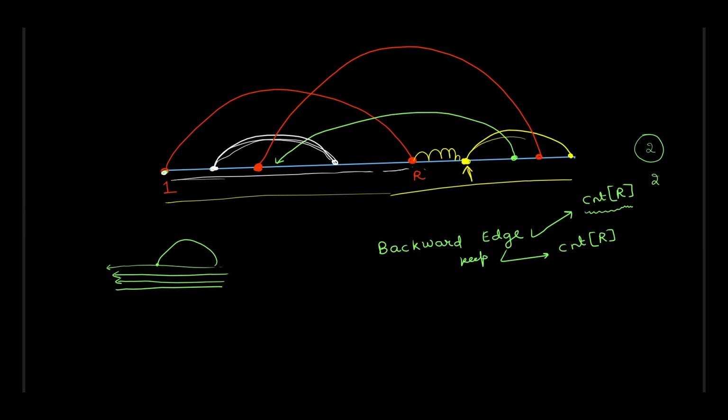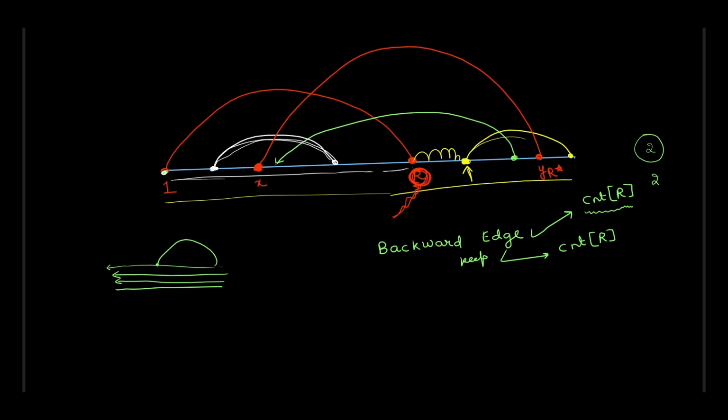So if you count the number of graphs before introducing this current edge that ended at vertex r, like this was the last reachable vertex, these many graphs will now also end at whatever this new vertex r prime is, or basically if this is x, then this is y.